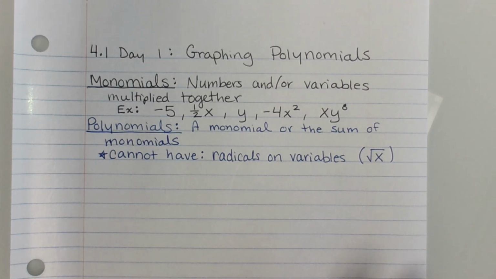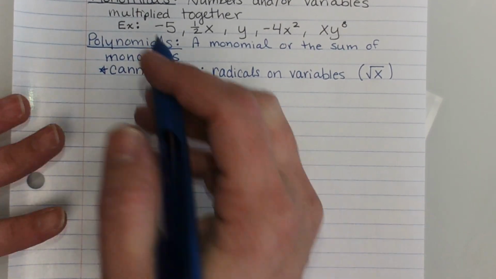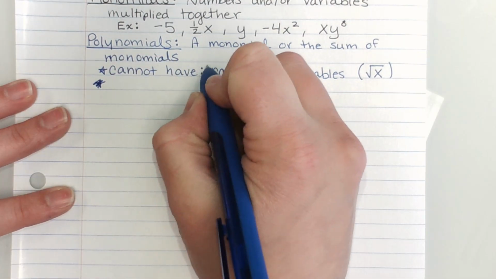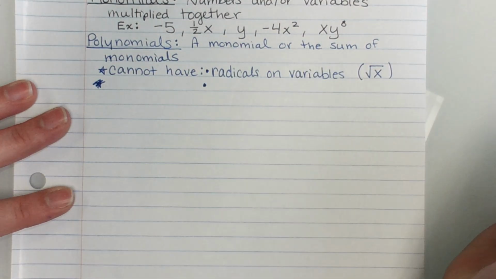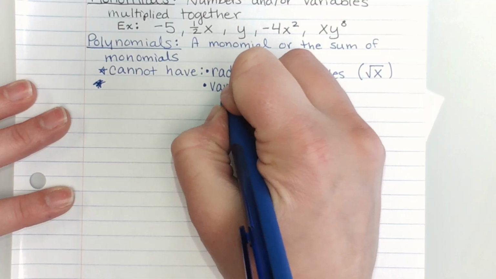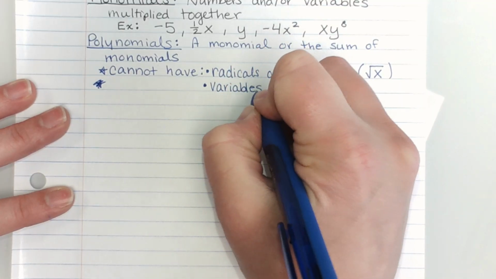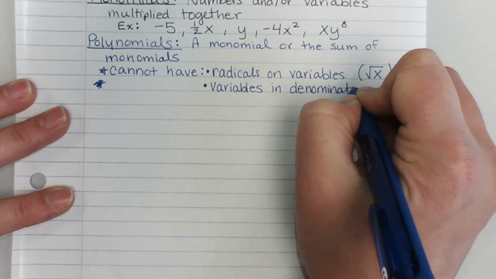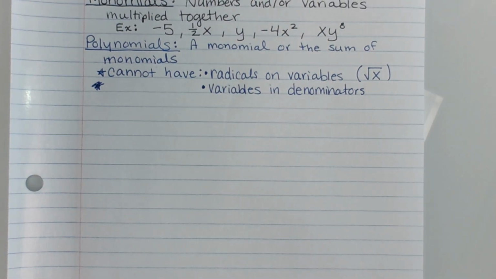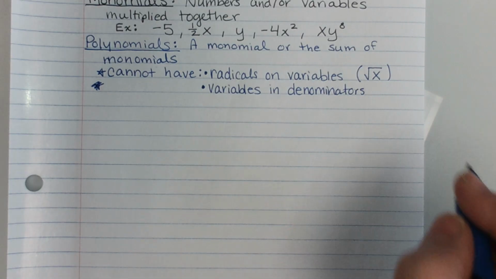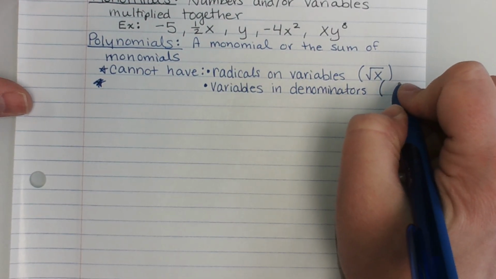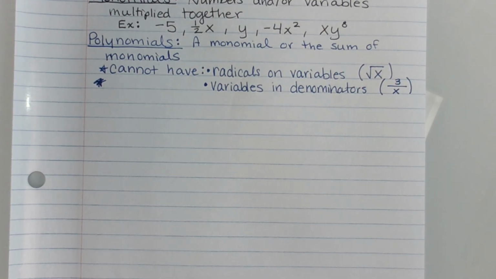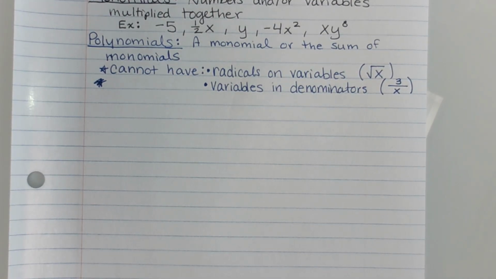Square root of a variable changes the function family. You can't have variables in denominators. The moment you have the variable in the bottom of a fraction, all of a sudden it's no longer a polynomial.